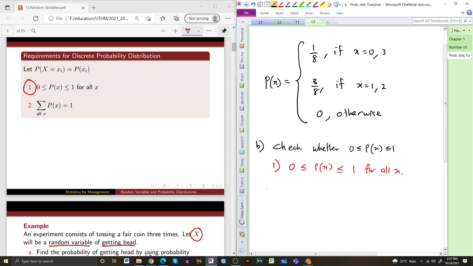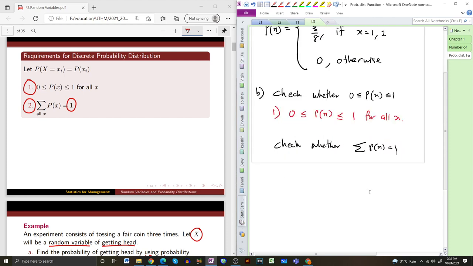The second condition you have to check is that the sum of the probability must be equal to 1. So check whether the sum of probability is equal to 1. So let us check. We know that x is from 0 to 3.